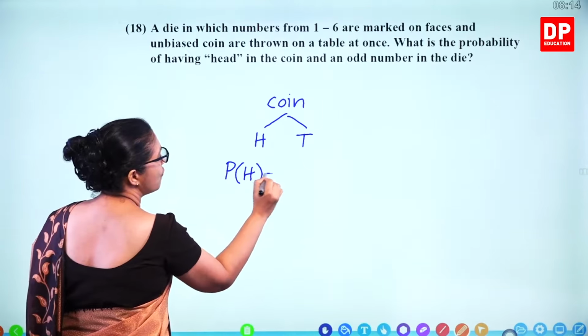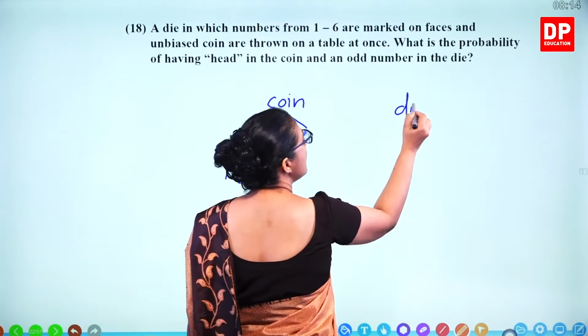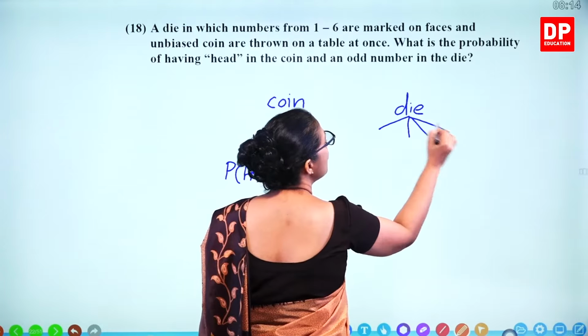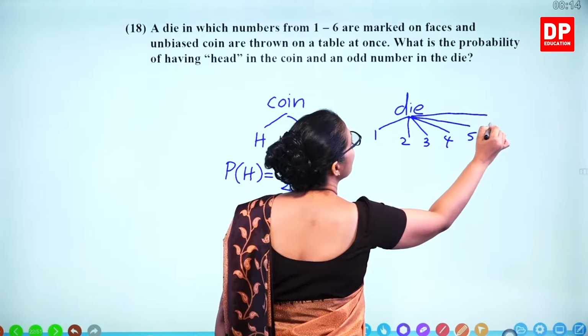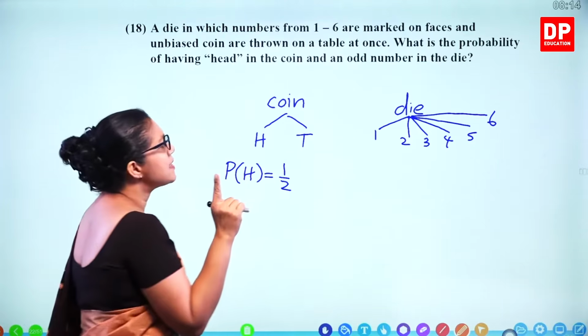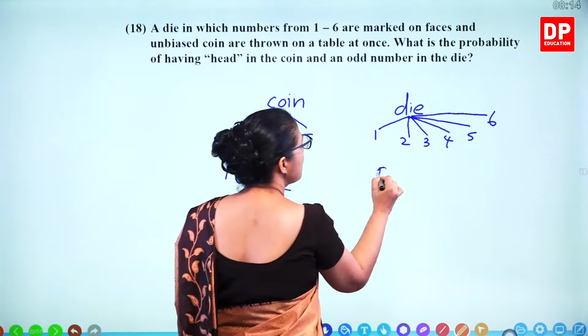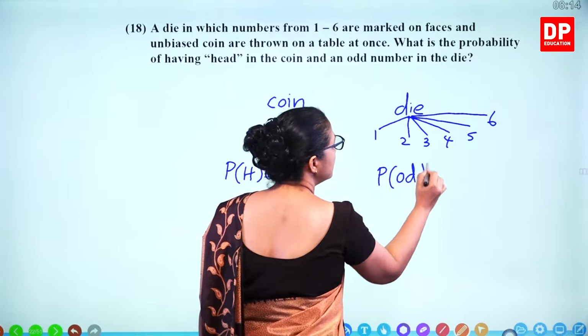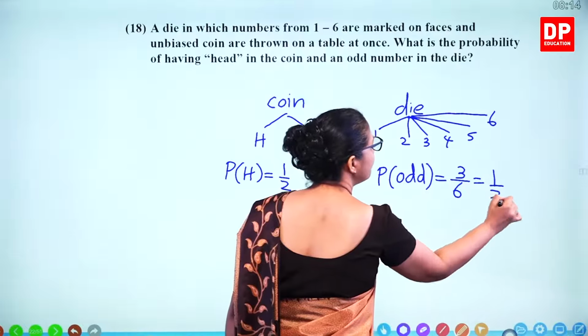That's half. If it's a die, there are 6 numbers, 1, 2, 3, 4, 5, 6. How many odd numbers are there? 1, 3, 5. 3 odd numbers. So what's the probability of getting odd? 3 over 6. That's half.